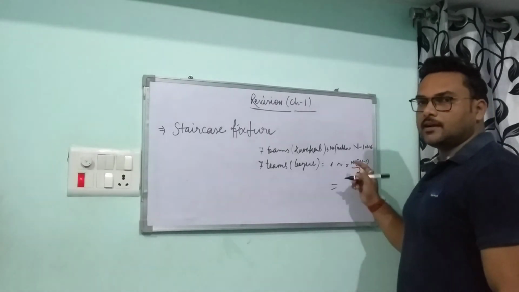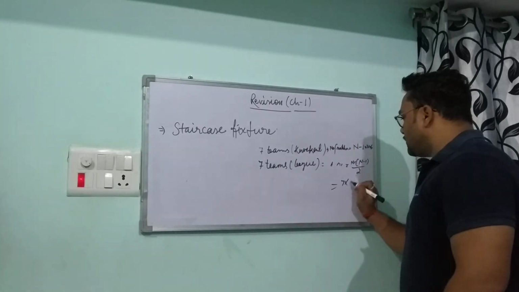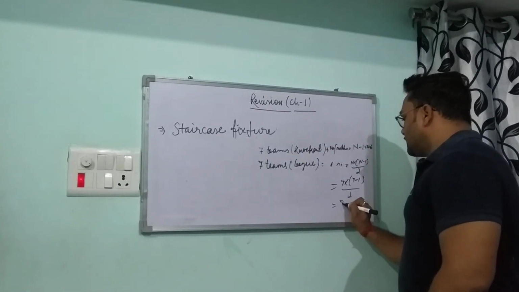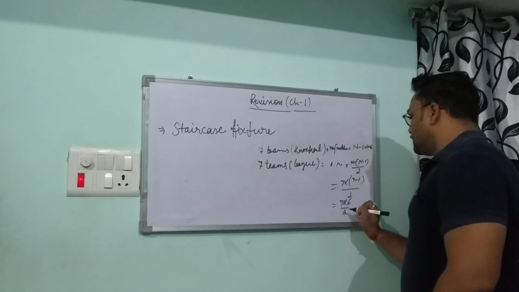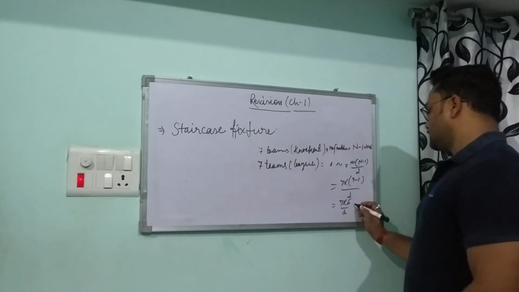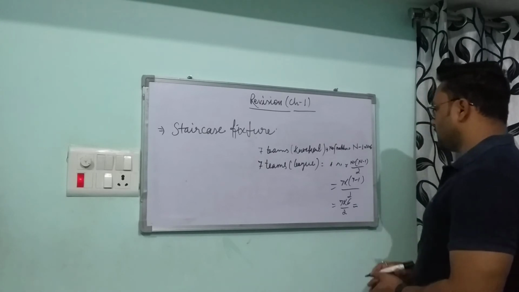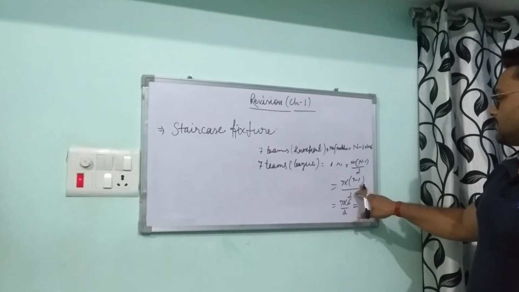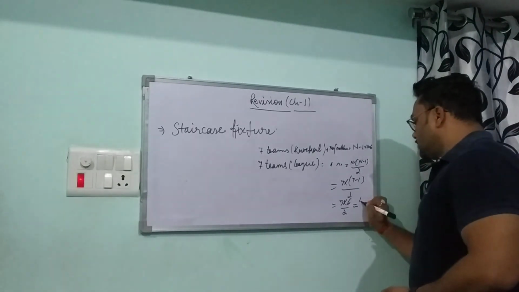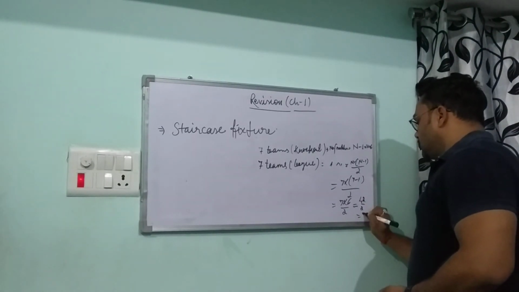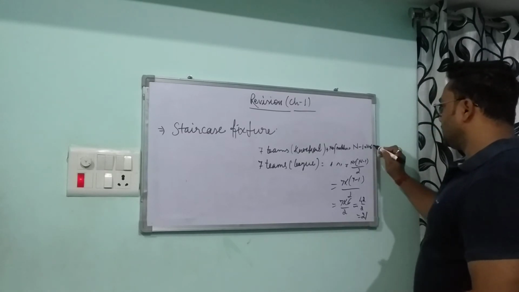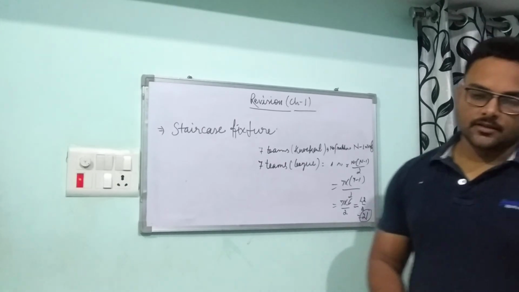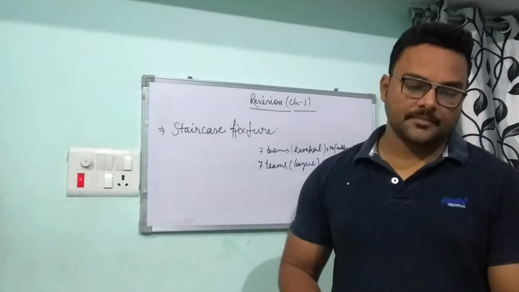Here there are 7 teams, so 7 into 7 minus 1 upon 2, that is 7 into 6 upon 2. You can see 7 into 6, 42, upon 2, 21 matches. So you can see the difference. Here only 6 and here we have 21. This is a vast difference.